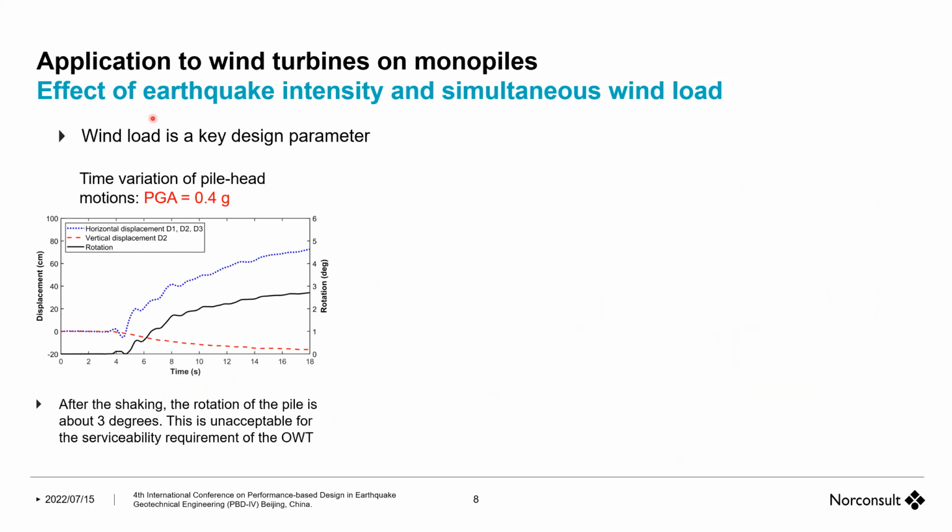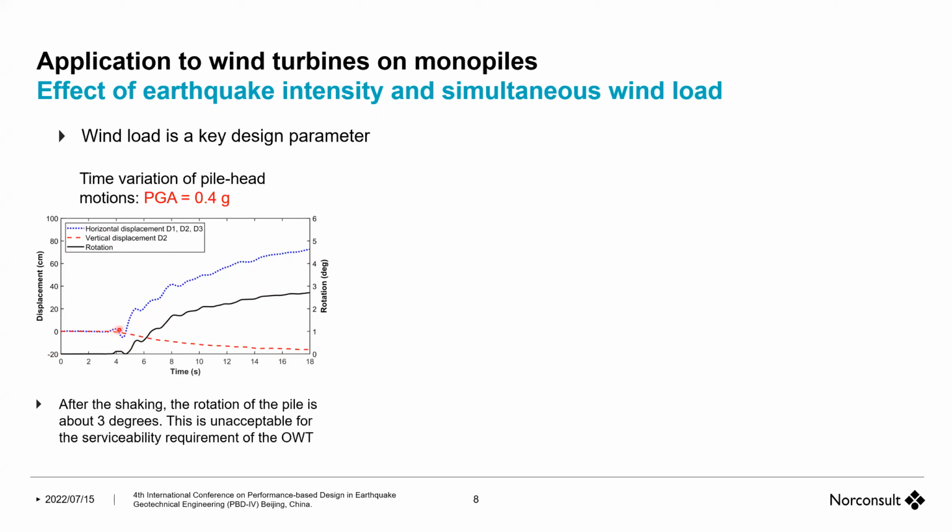Just to show you some sensitivity and the effect of wind load, this is a summary of the results of this study, showing as a function of time how the displacement evolves. The horizontal displacement goes up to 60, 70 centimeters. The horizontal at the seabed is of course large because the base is rotating.